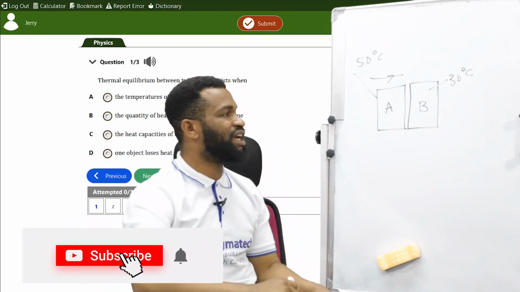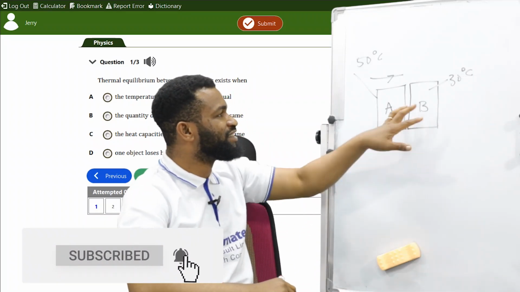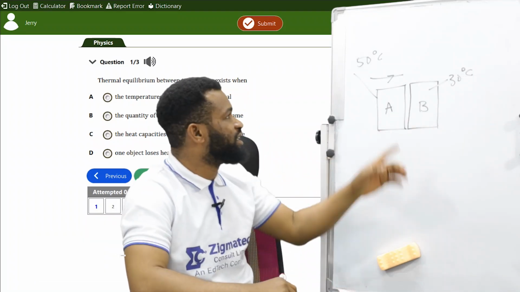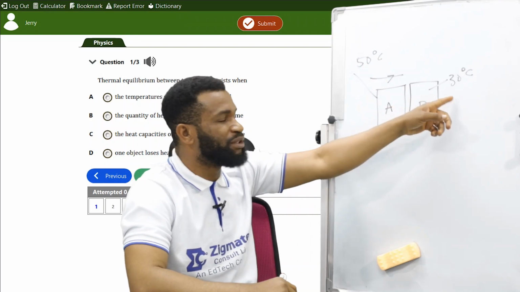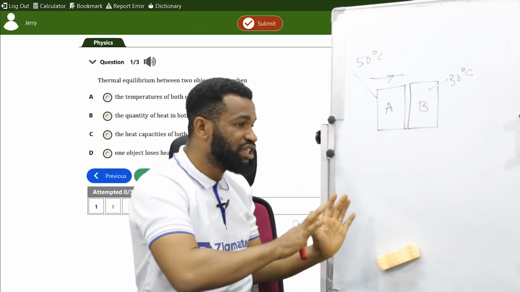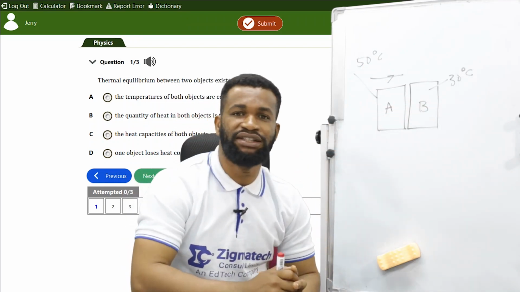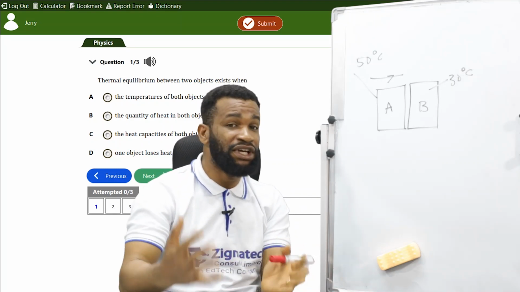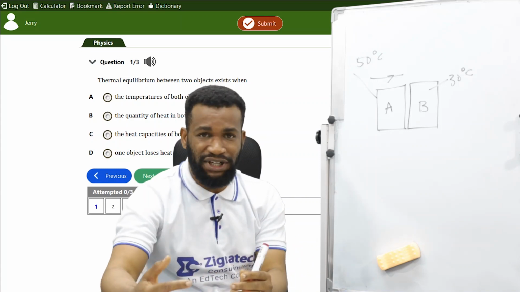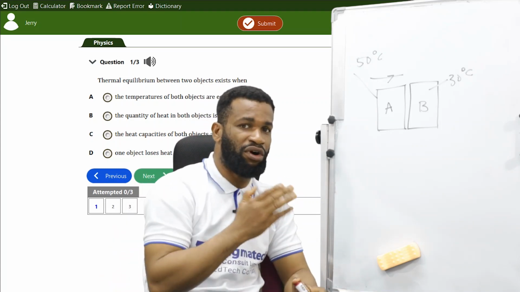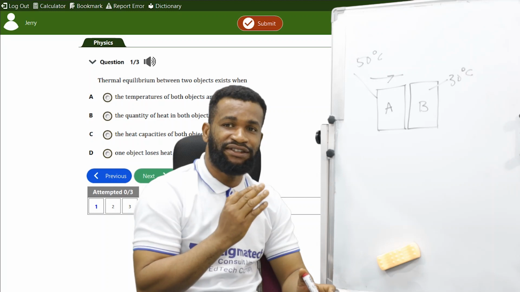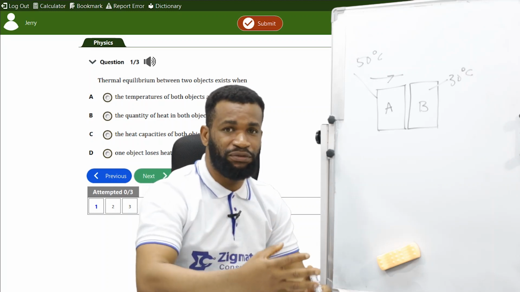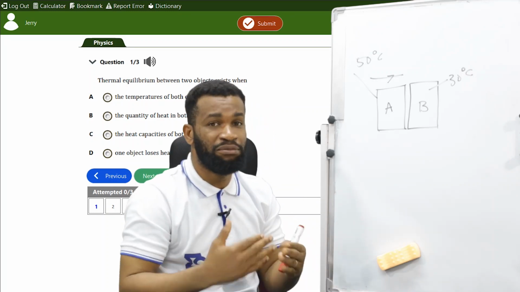Everything that happens here is because there is a difference in temperature: the temperature here is higher and the temperature here is lower. Then what will happen? Heat will flow. And that is why heat is defined as a form of energy which is in transit, always moving as a result of a difference in temperature from a hotter body to a cooler body.